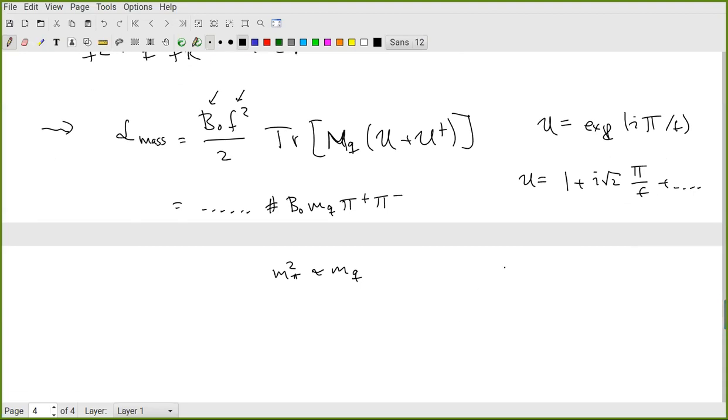It's kind of nice because experimentally you cannot really determine the quark masses from the pion masses, because you need B0. If you calculate this on the lattice, you can read off the quark masses in some sense. But if you take ratios of pion masses, then this B0 will drop out.